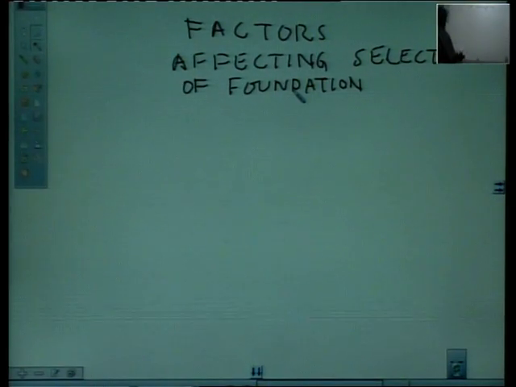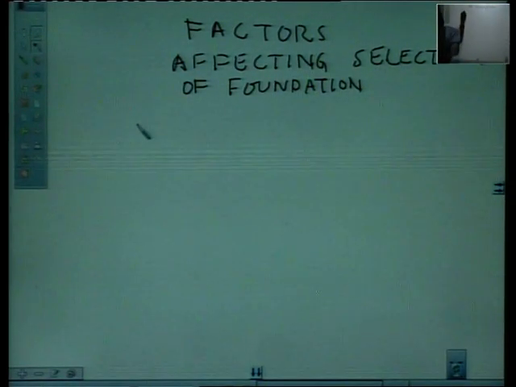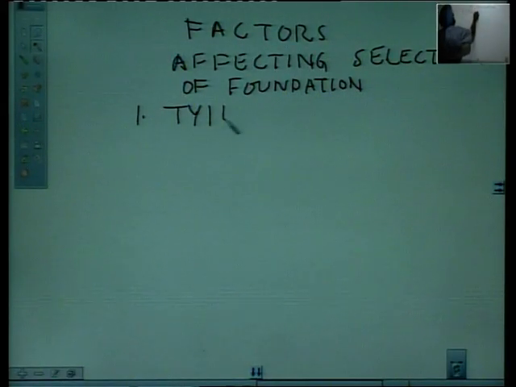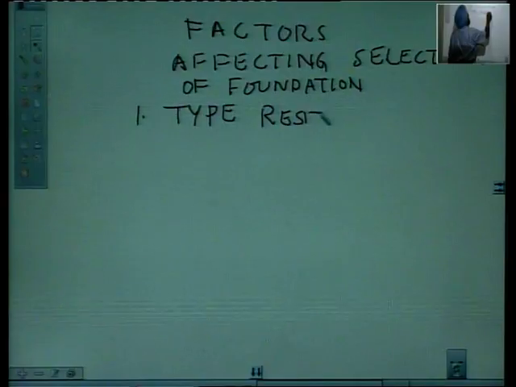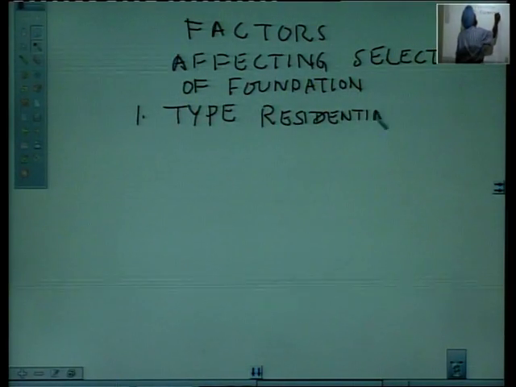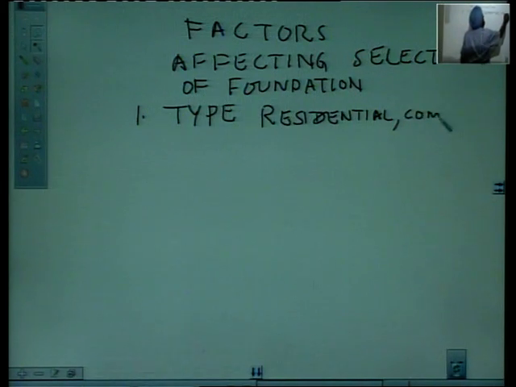Number 1, what type of load is coming, whether it is a residential building or commercial.